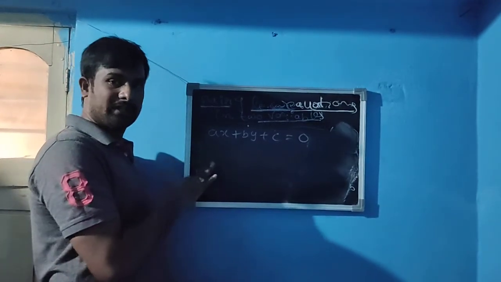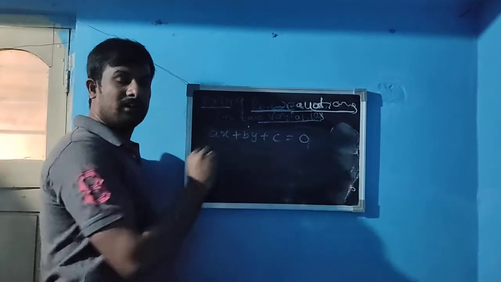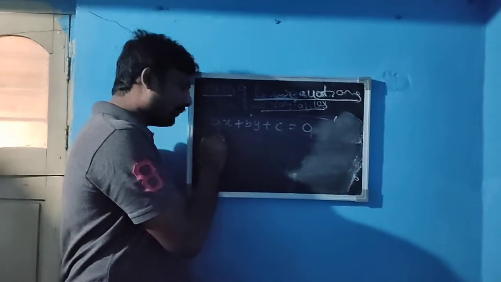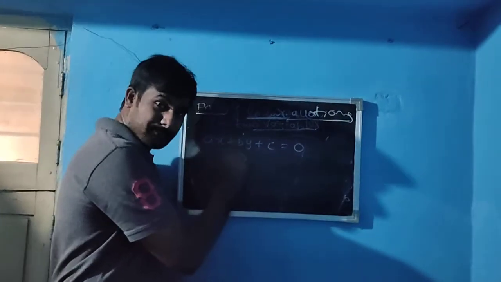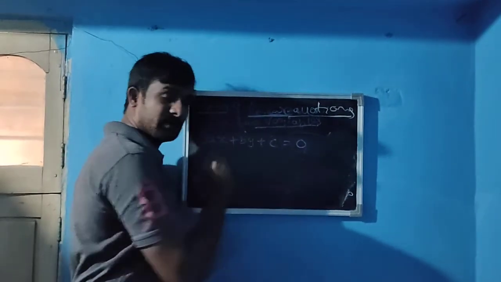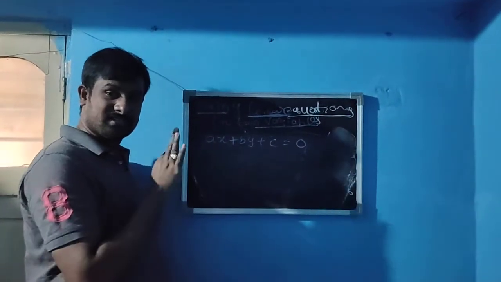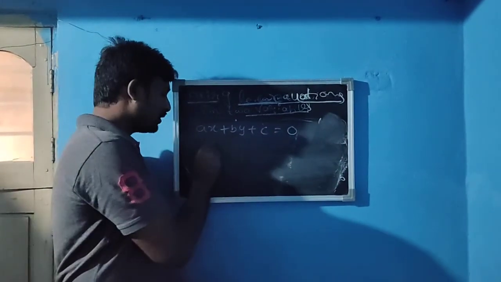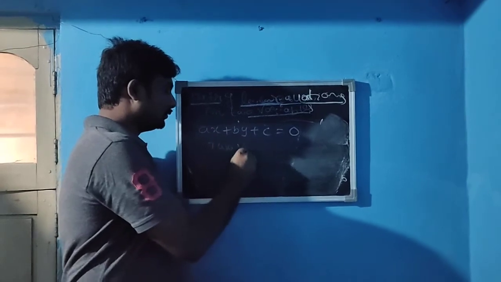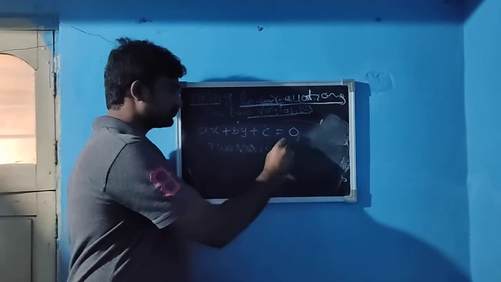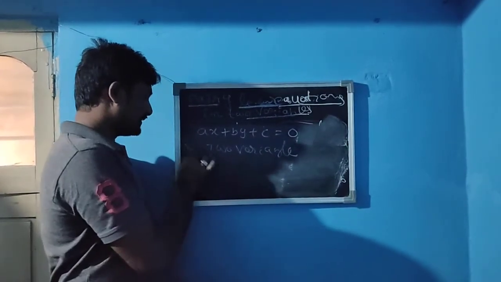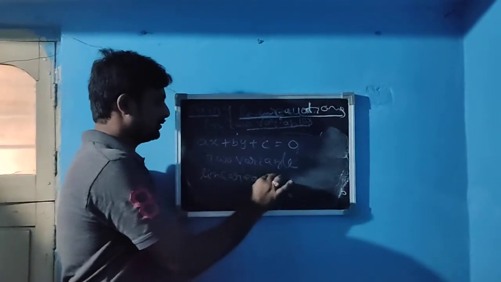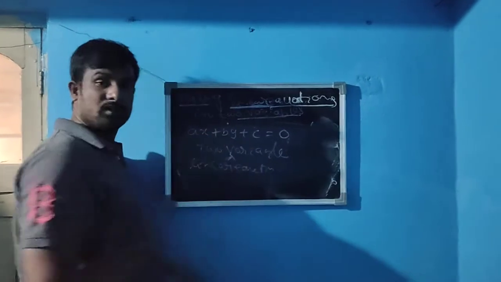An equation in the form ax plus by plus c equal to 0 is called a linear equation in two variables.